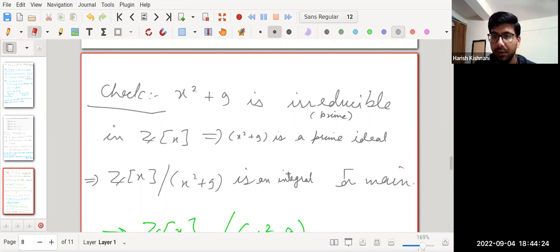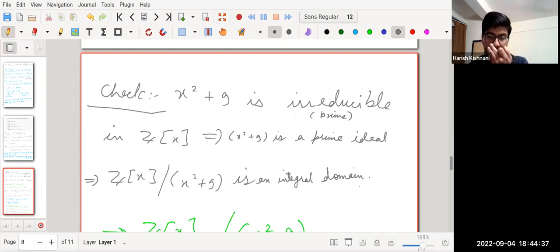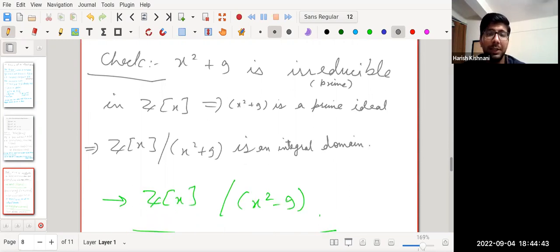Otherwise, if you have not done that course for the moment, you can just believe that this is true, and then when you get the chance to read that course, you can try and prove them on your own. Okay, so it's a prime ideal, that's why this quotient is an integral domain.